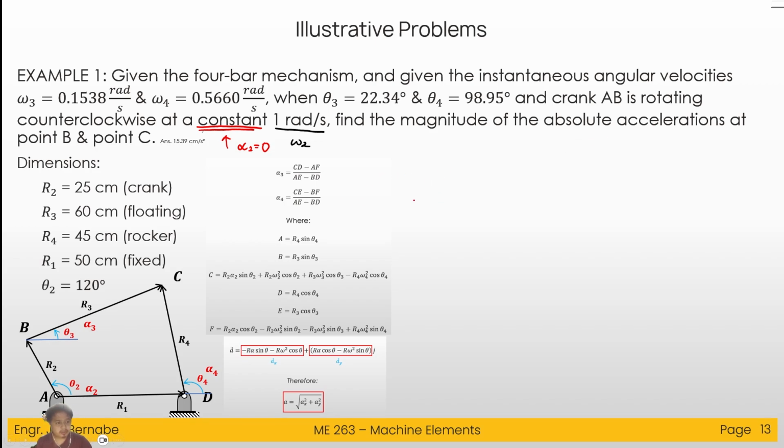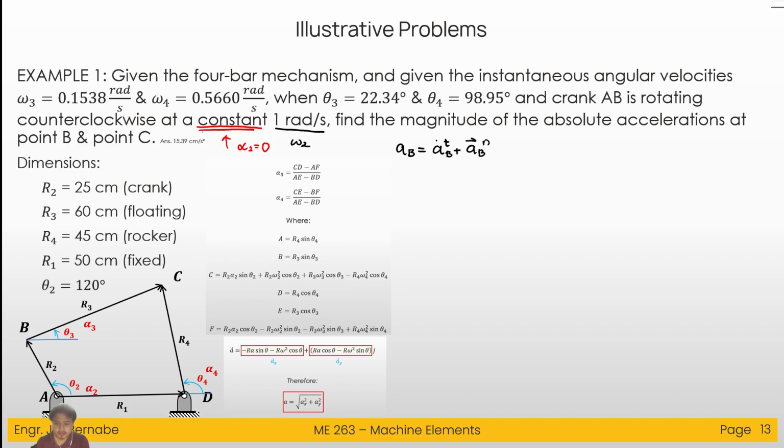As we can remember, for point B, the total acceleration can be found, and that is equal to the sum of its tangential and the normal acceleration.